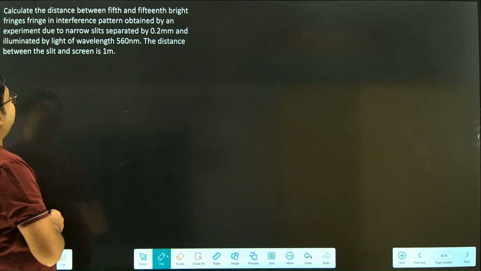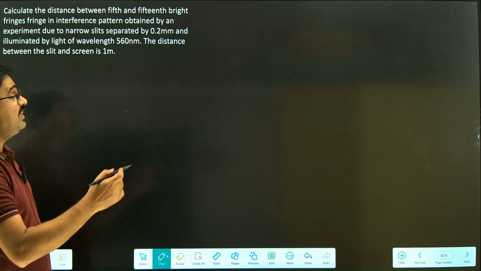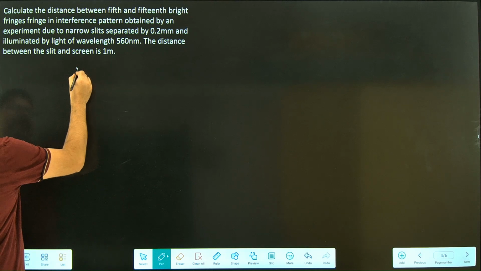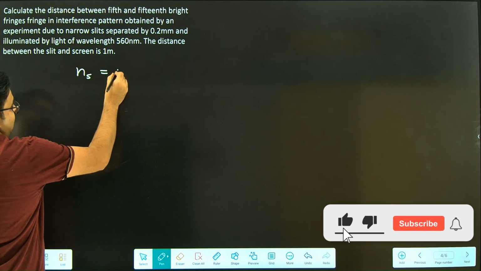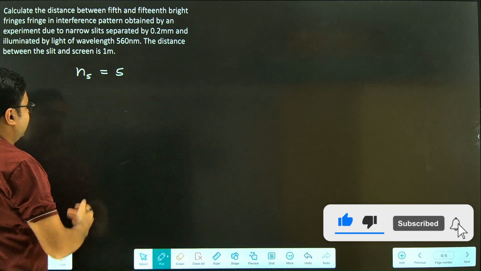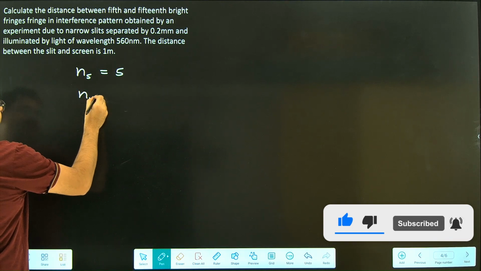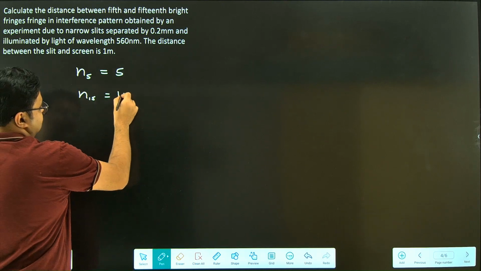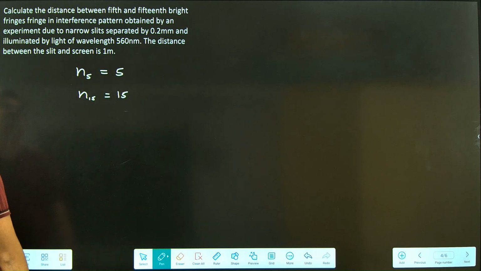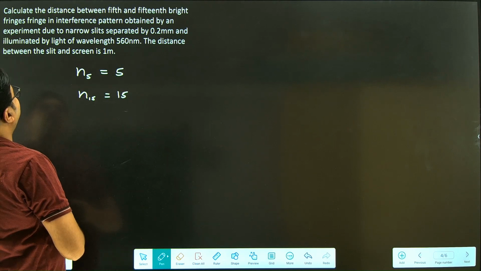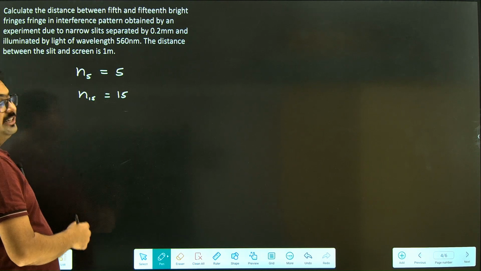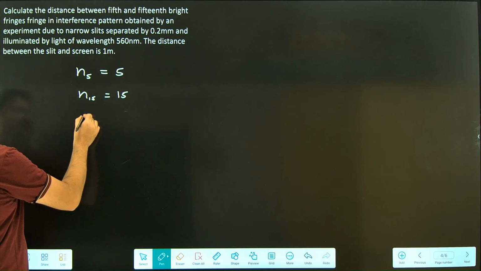Calculate the distance between the 5th and the 15th bright fringe. So n5 is 5, it's the 5th bright fringe, and let me write the 15th bright fringe's number as 15, right? In an interference pattern obtained by an experiment due to narrow slits separated by a distance 0.2 mm.